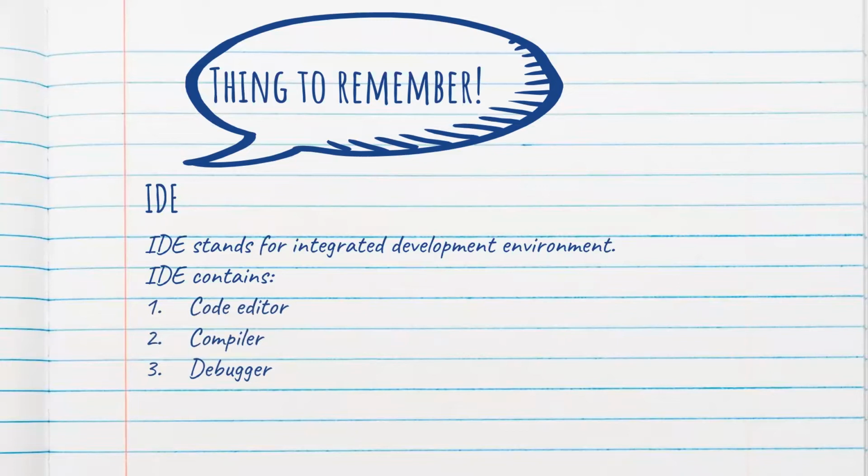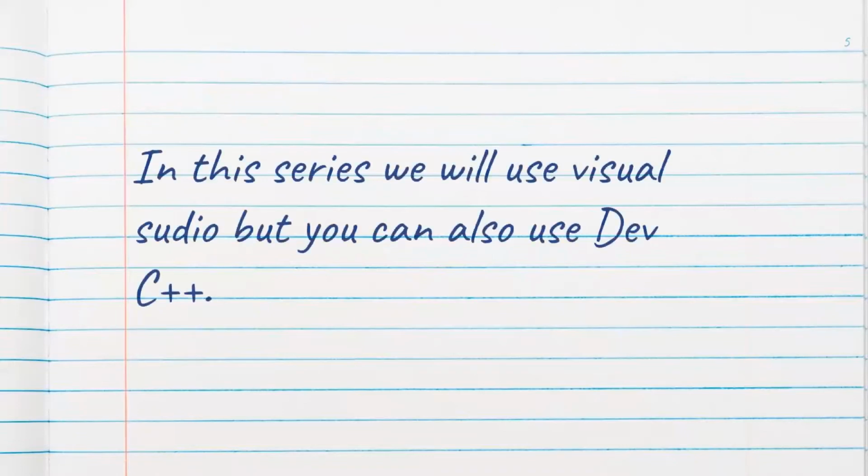There are different errors that can be present in a computer program, such as syntax error, runtime error, and logical error. And debugger is used to remove these errors from computer program. In this series, we'll be using Visual Studio as our IDE, but you can also use Dev C++.